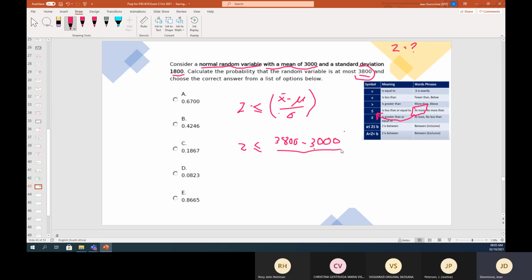And they give us a standard deviation of 1,800. So it's basically 3,800 minus 3,000 is 800, divided by 1,800. If we do that calculation, the Z must be smaller than 0.44444.